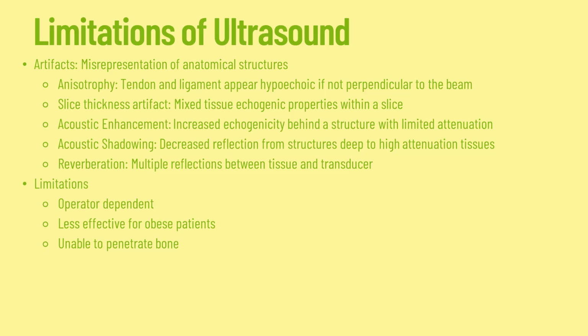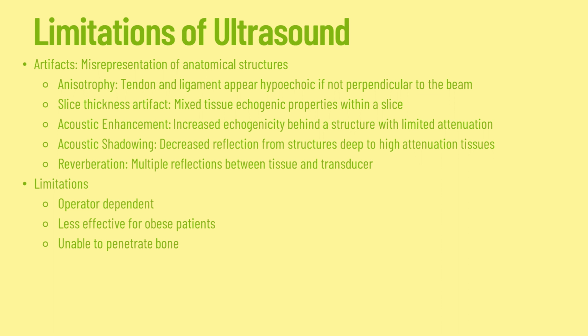The first artifact, which is going to be any misrepresentation of the anatomical structures, is called anisotropy. And this is when a tendon or a ligament is going to appear dark, hypoechoic, because the transducer is not perpendicular to the tissues that we're wanting to look at.